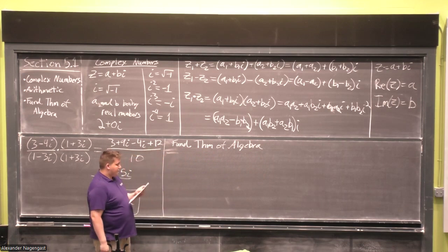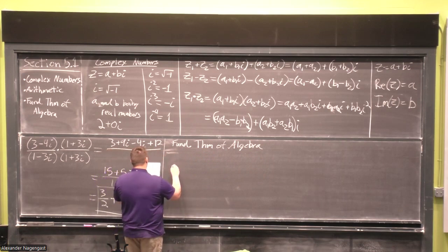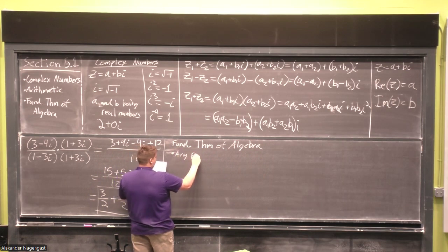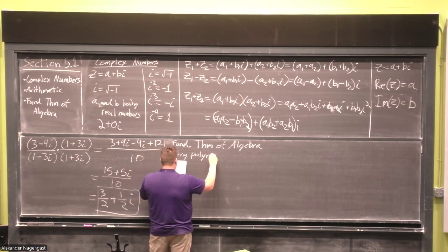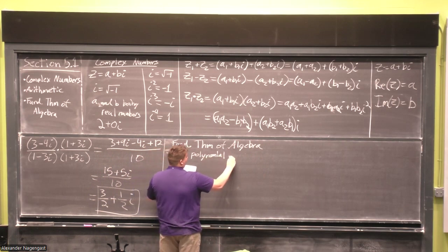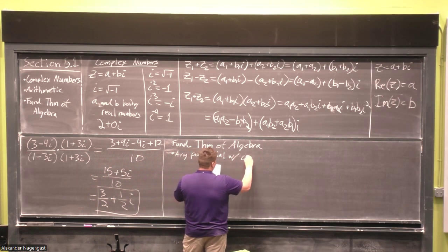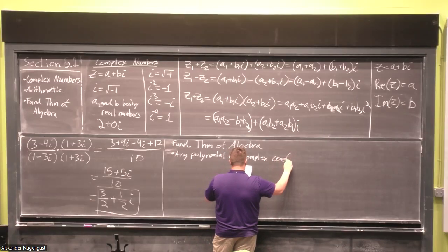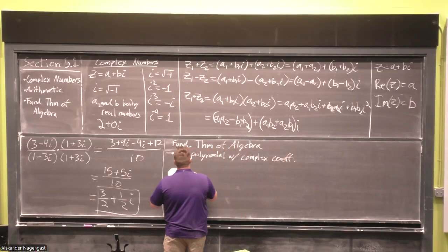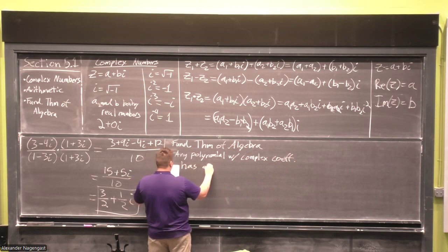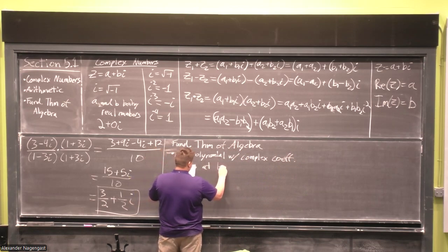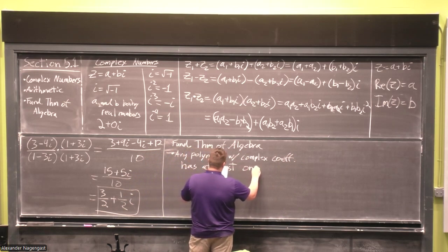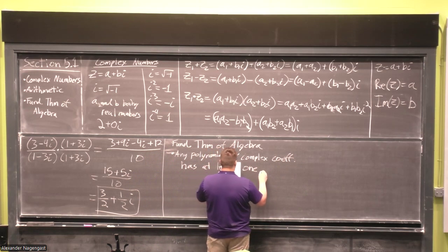And what it states is any polynomial with complex coefficients has at least one complex solution or one complex zero.